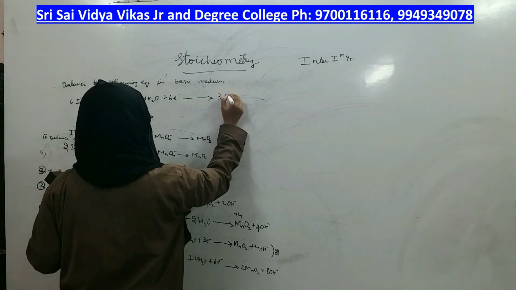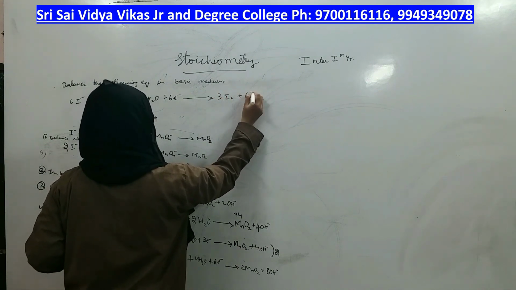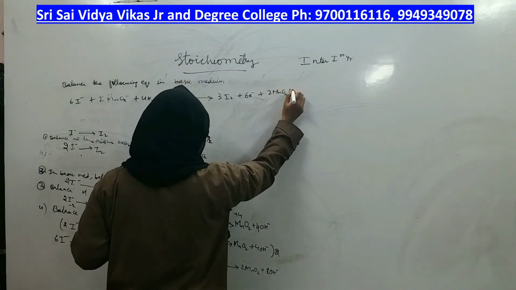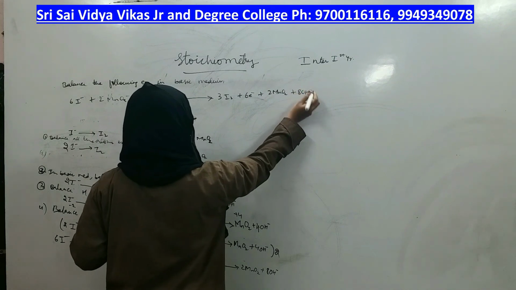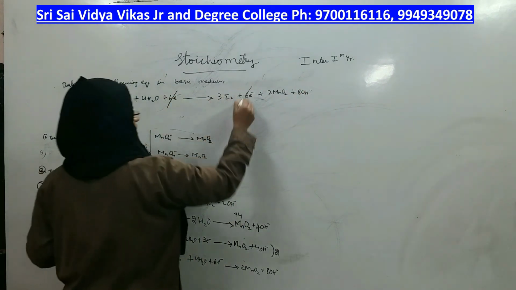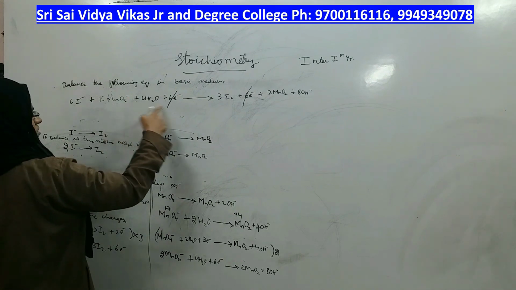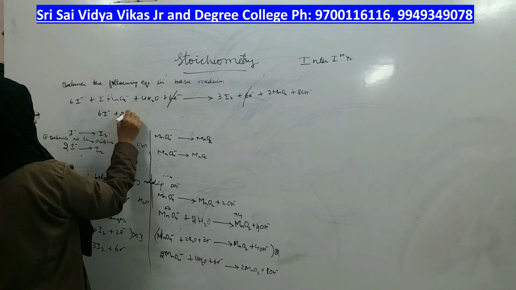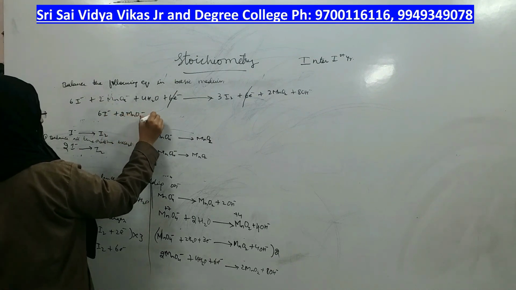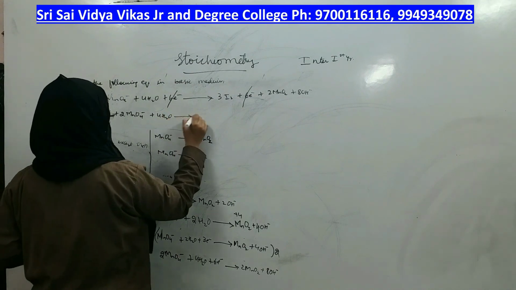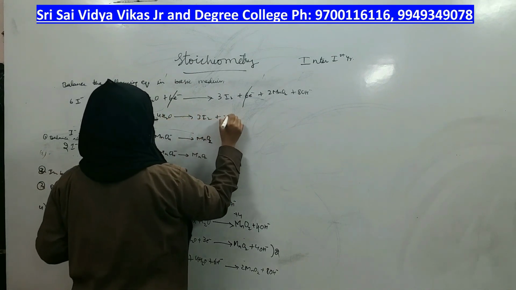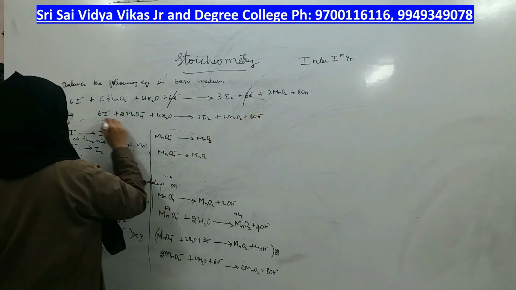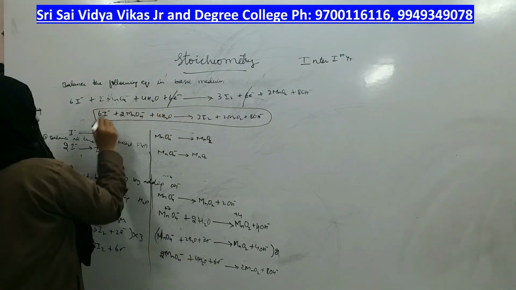What are the right hand side terms? 3 iodine plus 6 electrons plus 2 MnO2 plus 8 OH minus ions, right? 6 electrons should get cancelled. Nothing else can be cancelled. What is left? 6 iodide, 2 permanganate, 4 water molecules give rise to 3 iodine, 2 MnO2 plus 8 OH minus ions. This is the balanced equation under basic medium, right?